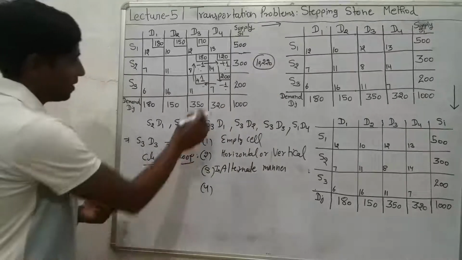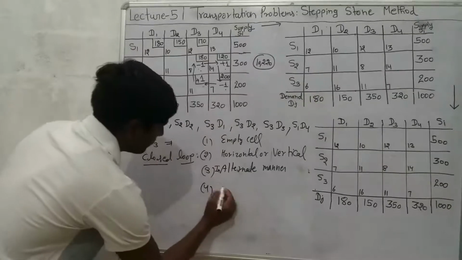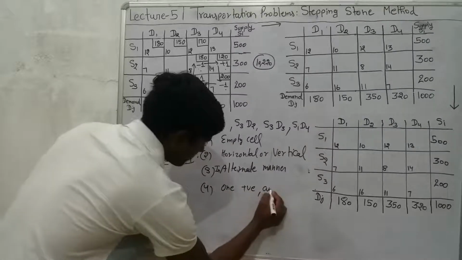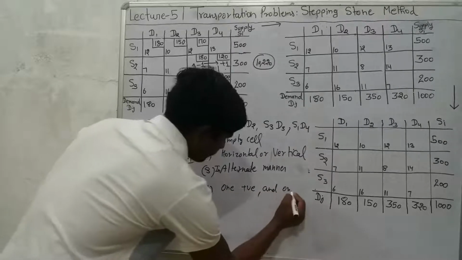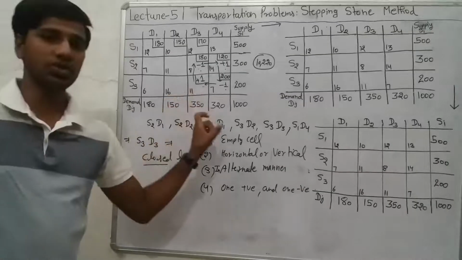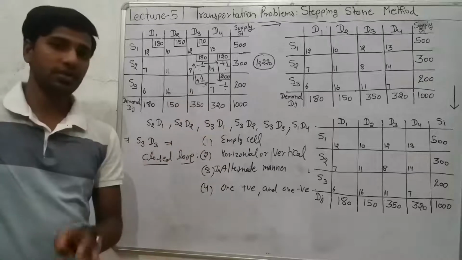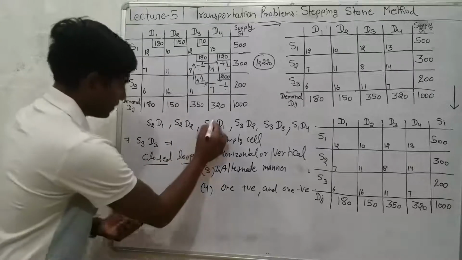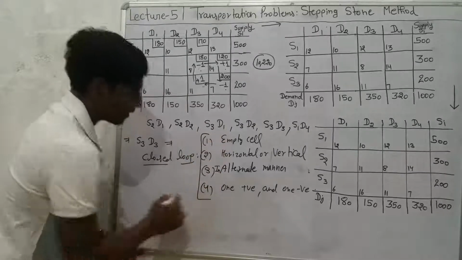That's why there should be one positive and one negative sign in each row and each column of a particular closed loop. Okay. So I think now you are clear how to create a closed loop.